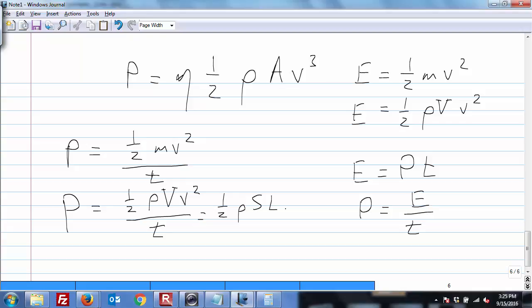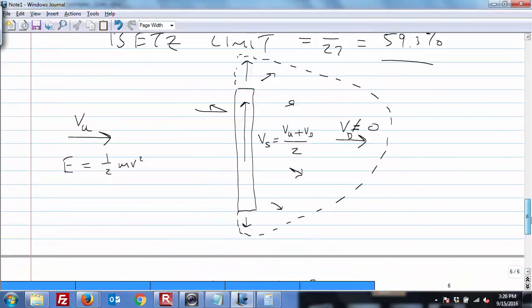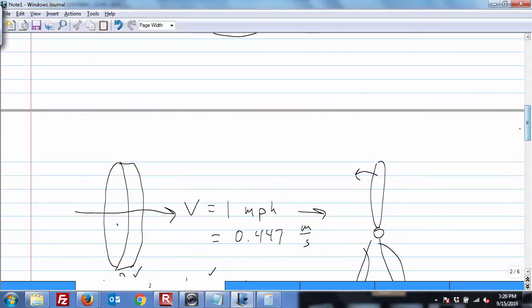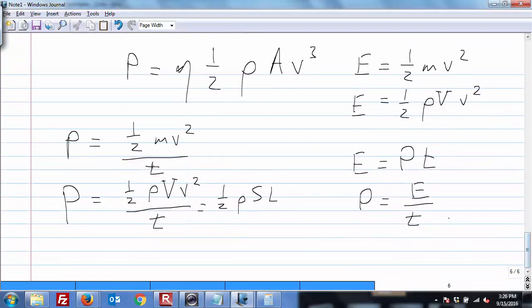So area times length. And what length am I talking about? Well, all the way back to this first problem, it's just the length of that chunk of air. Here's the area of it, and there's the length moving through space and time. So volume is area times length, velocity squared over time. Now I'm going to group that length divided by time, and I end up with 1/2 rho S V cubed.